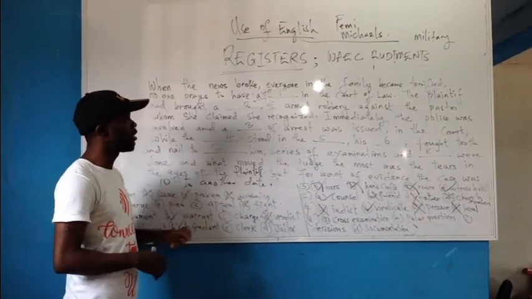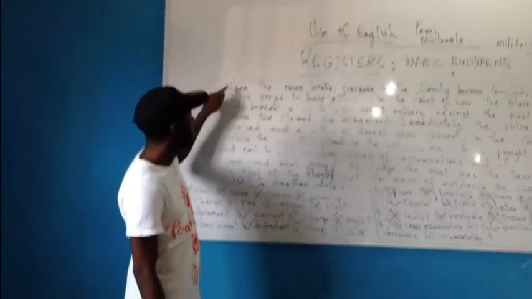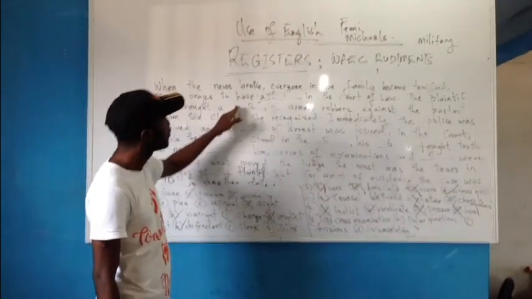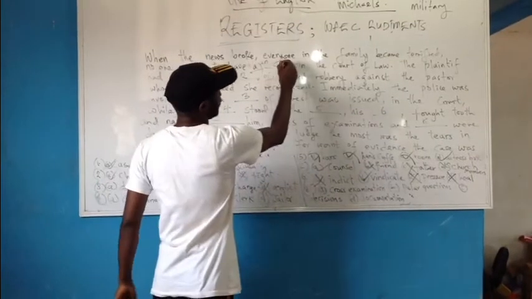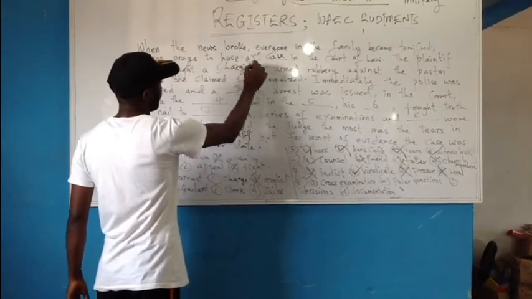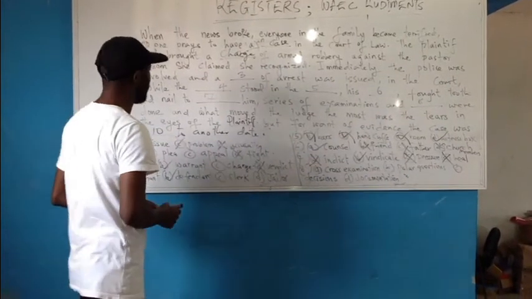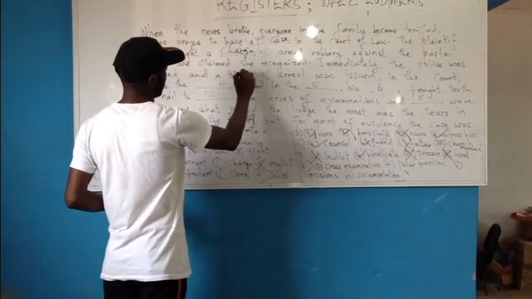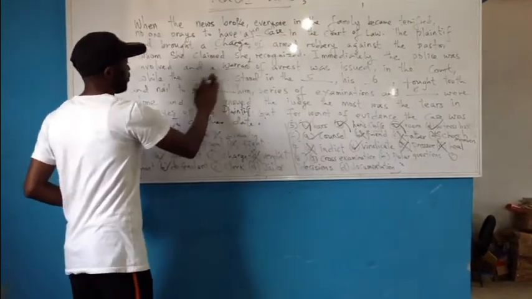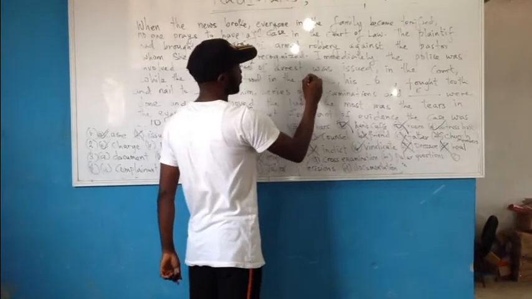Alright, so this being said, if you read the passage through, it makes sense now. When the news broke, everyone in the family became terrified. No one prays to have a case in the court of law. The plaintiff had brought a charge of armed robbery against the pastor whom she claimed she recognized. Immediately the police was involved and warrants of arrest was issued in the court while the defendant stood in the witness box.